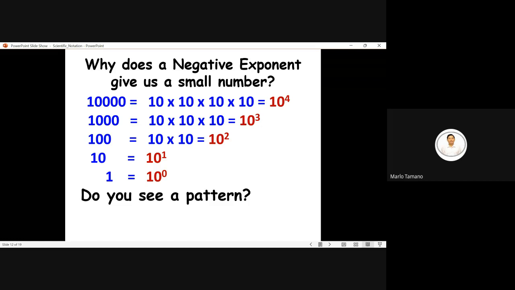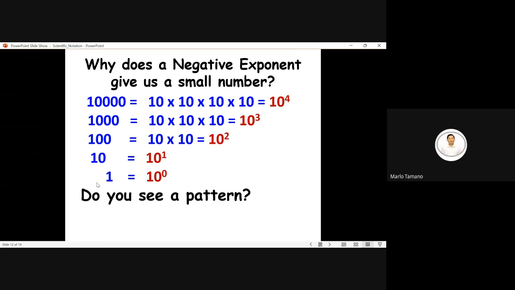Why does a negative exponent give us a small number? Simply because 10,000, that is what? If it is base 10, 10 times 10, 100 times 10 is 1,000 times 10 is 10,000, correct? Then if you are going to write this in exponential form, that is 10 to the 4th. You agree?